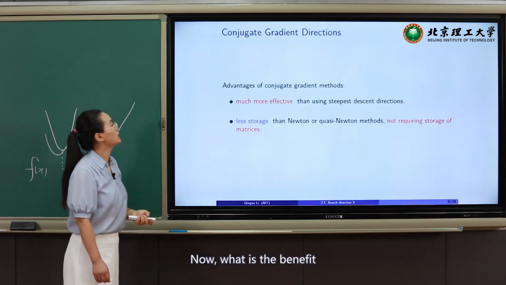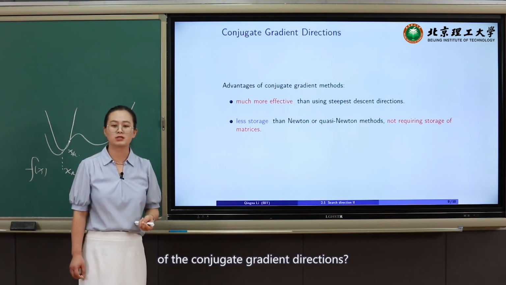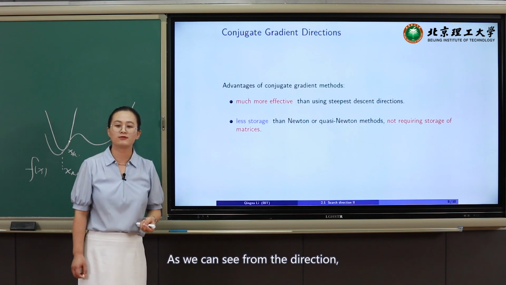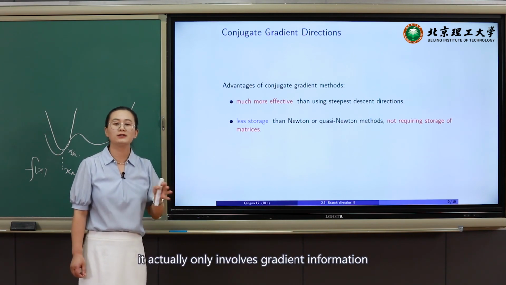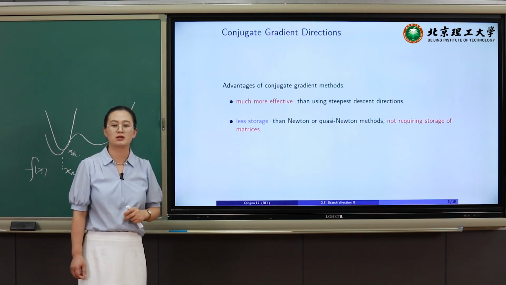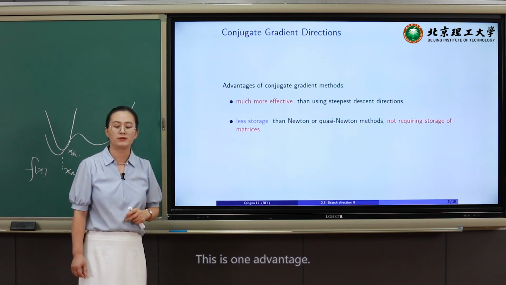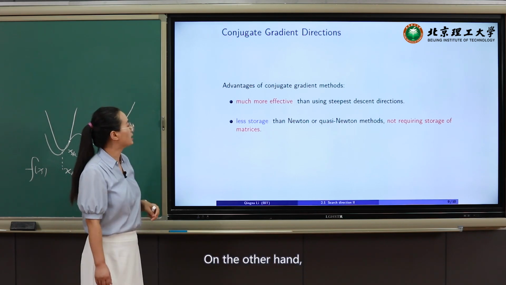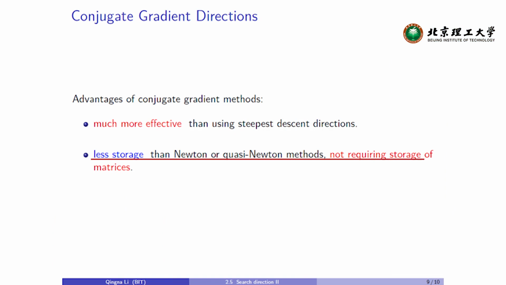Now, what is the benefit of the conjugate gradient directions? As we can see from the direction, it only involves gradient information and the previous directions. So the computational cost is very cheap. This is one advantage. On the other hand, it needs less storage, because it only involves vectors.